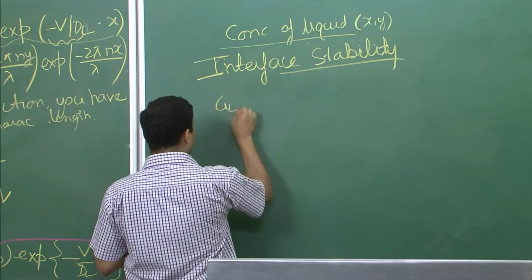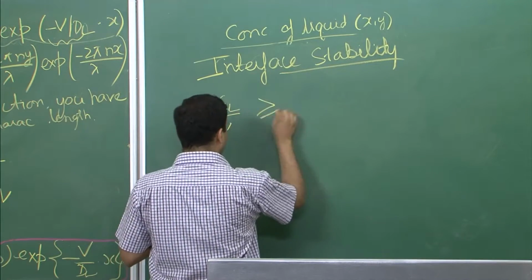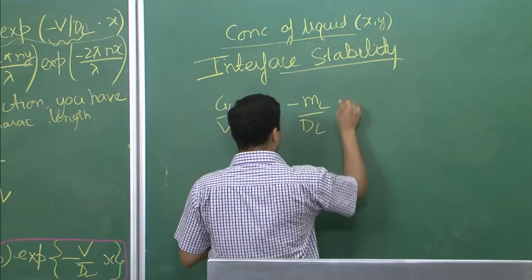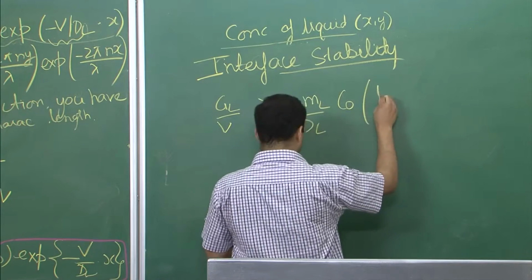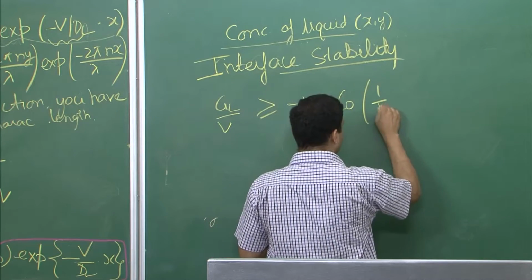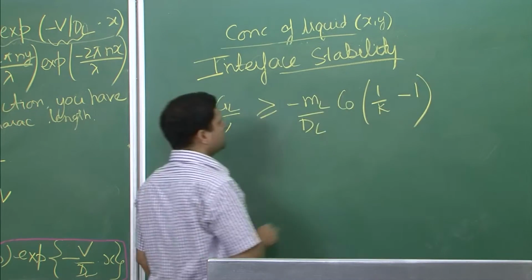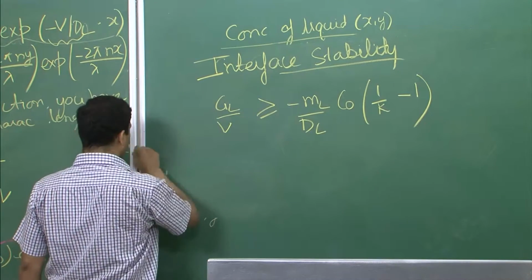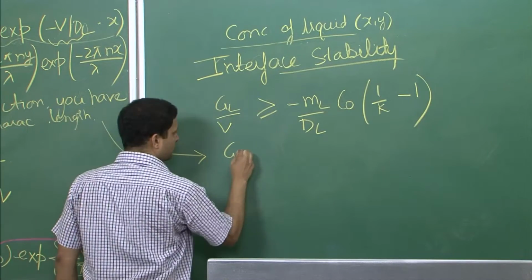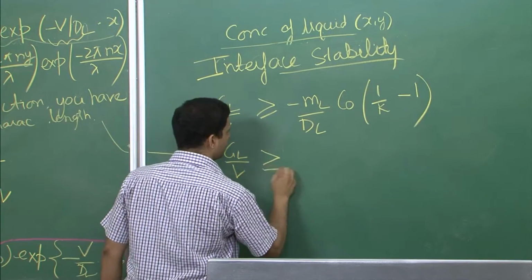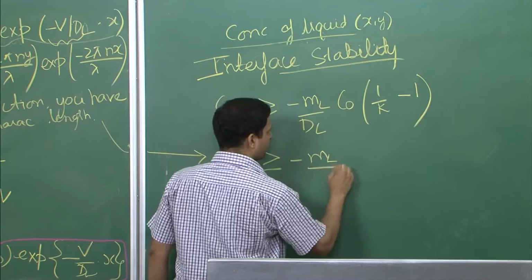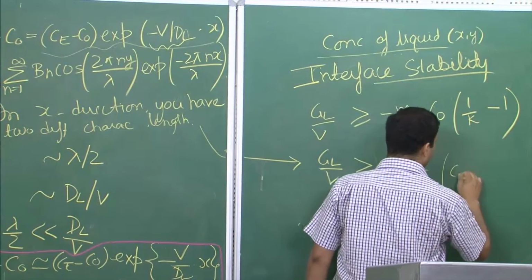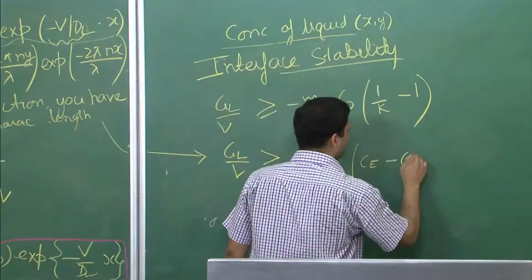You remember it was of the form Gl over V equal to minus ml by Dl, or in the present context this becomes C naught by k, which is equal to Ce minus C naught.